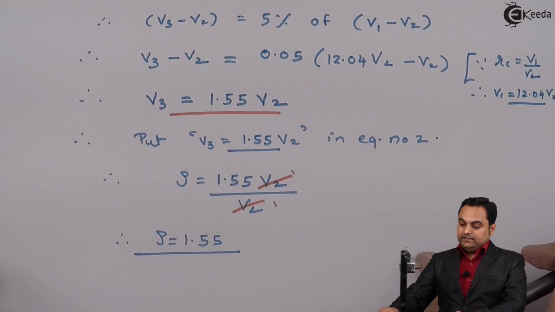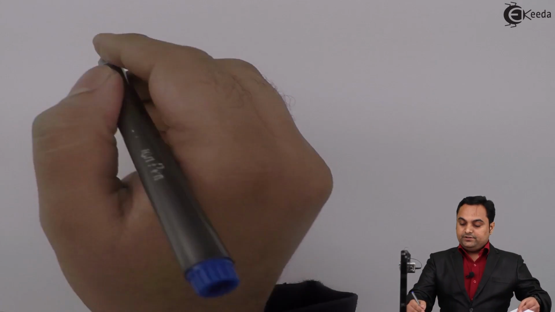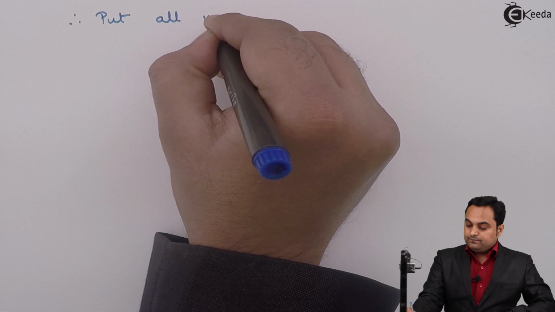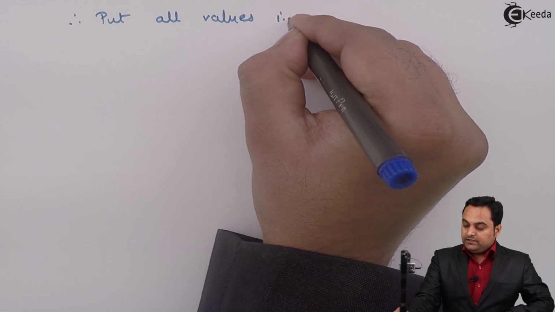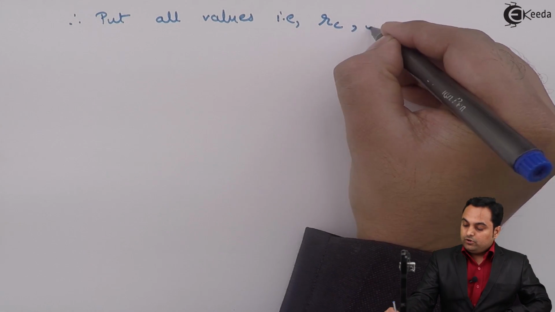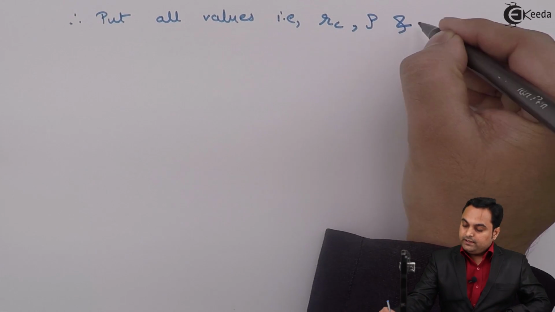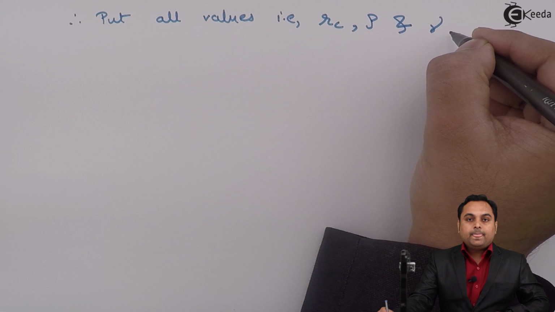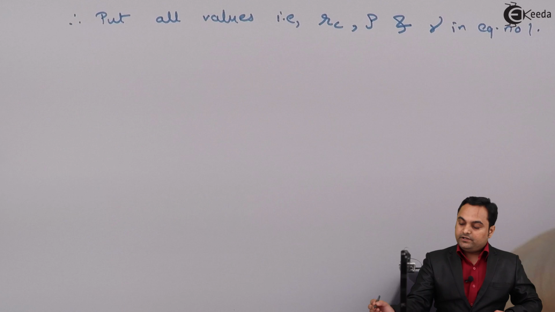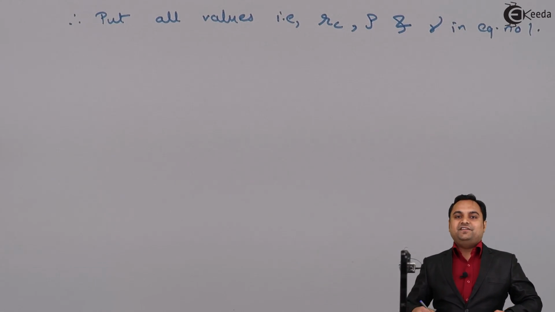Now I can say that therefore put all values, that is RC compression ratio, rho fuel cutoff ratio, and gamma, that is the adiabatic index, in equation number 1, so that we can calculate the efficiency of diesel cycle.